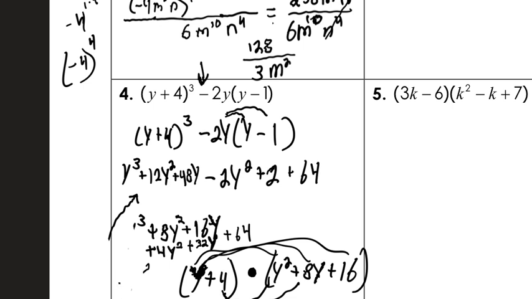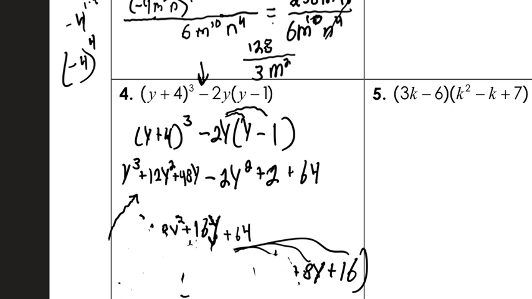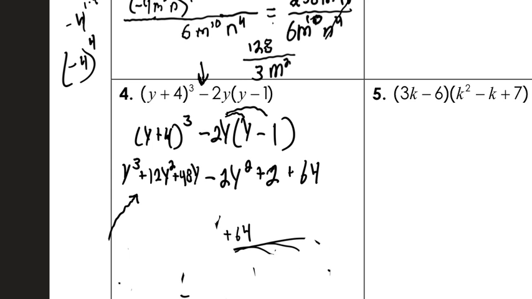So, you know, again, if you don't know how to do instantly the y plus 4 cubed expansion, you may have to do all that work on a separate paper or something like that, okay?